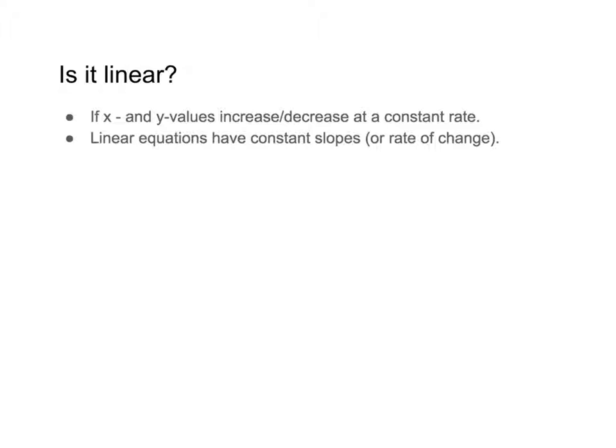So in other words, as x and y are decreasing or increasing, are they following the same pattern or the same constant rate? Constant rate is another word for slope. And so this is to help us find a linear pattern.